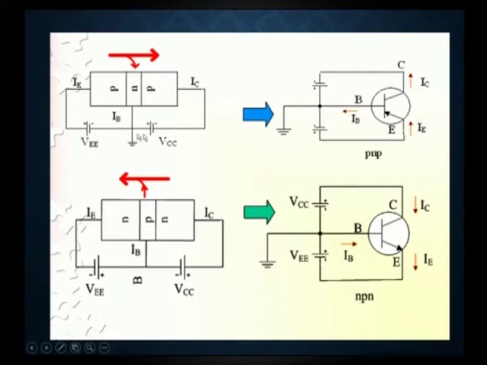The polarities should be like this for the flow of current from emitter to collector. The thick arrow mark always shows the majority carrier flow and the thin one the minority carrier flow, which we already discussed in transistor operation.